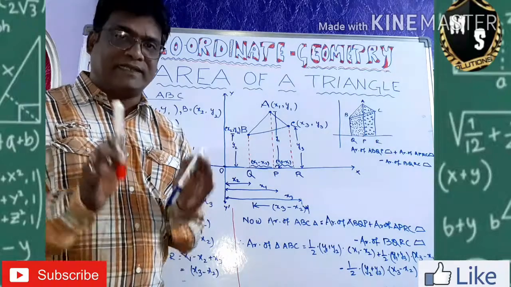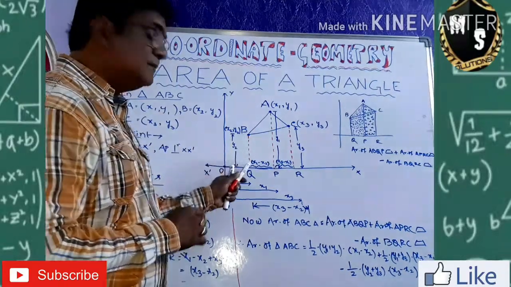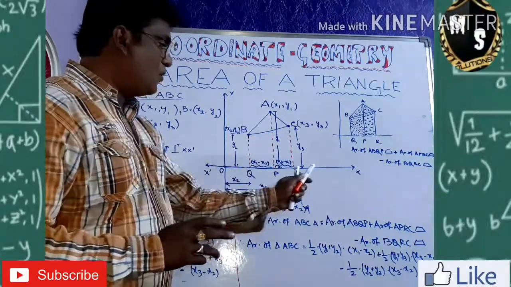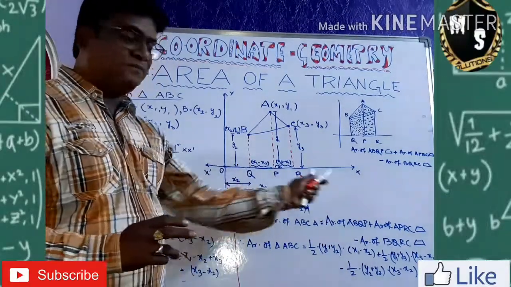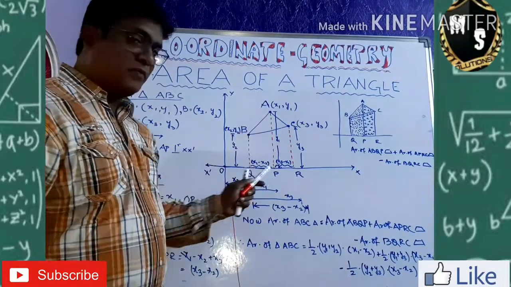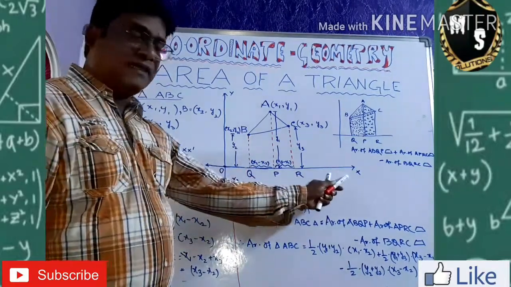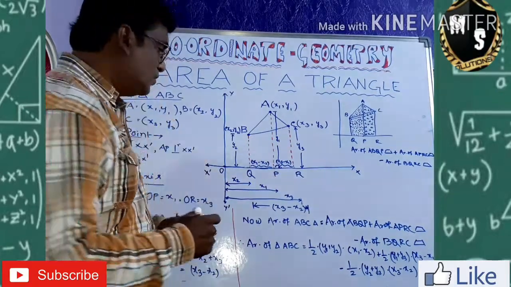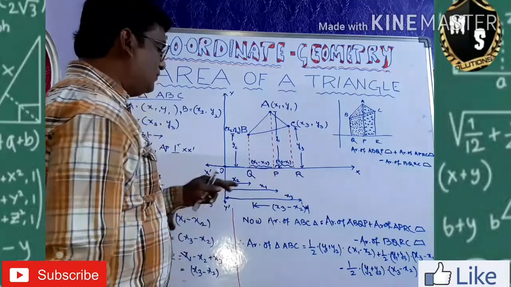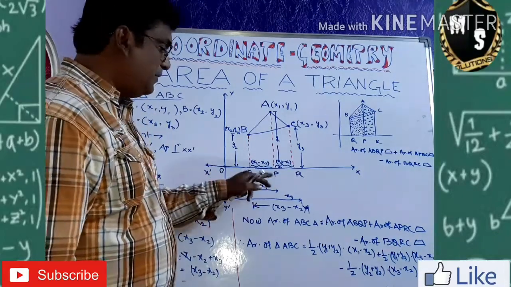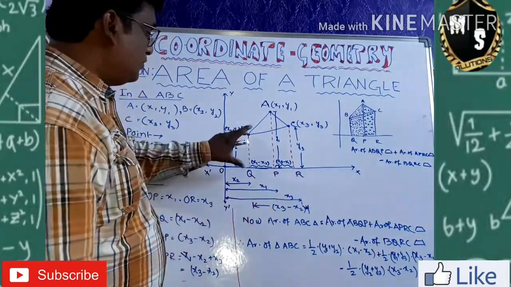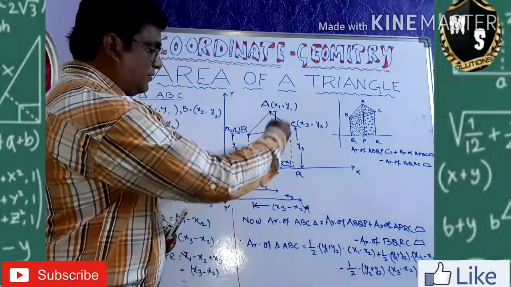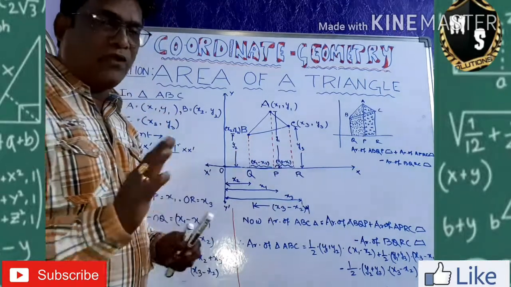I am again saying, in the x-axis, you are dropping the perpendiculars to the x-axis. So BQ is perpendicular to x dash, that means the x-axis. Similarly, AP is perpendicular to x dash, and similarly, CR is perpendicular to x dash. So I named the feet of the perpendiculars Q, P and R. I hope you understood.